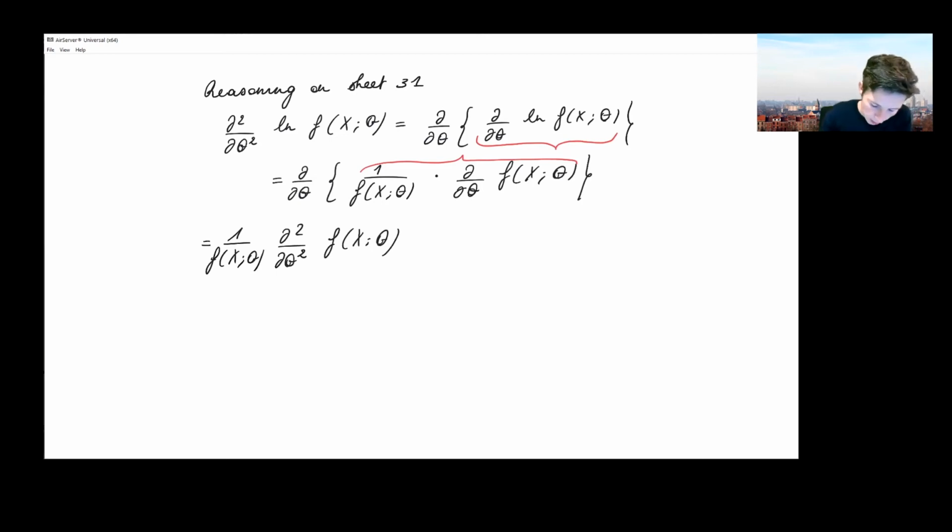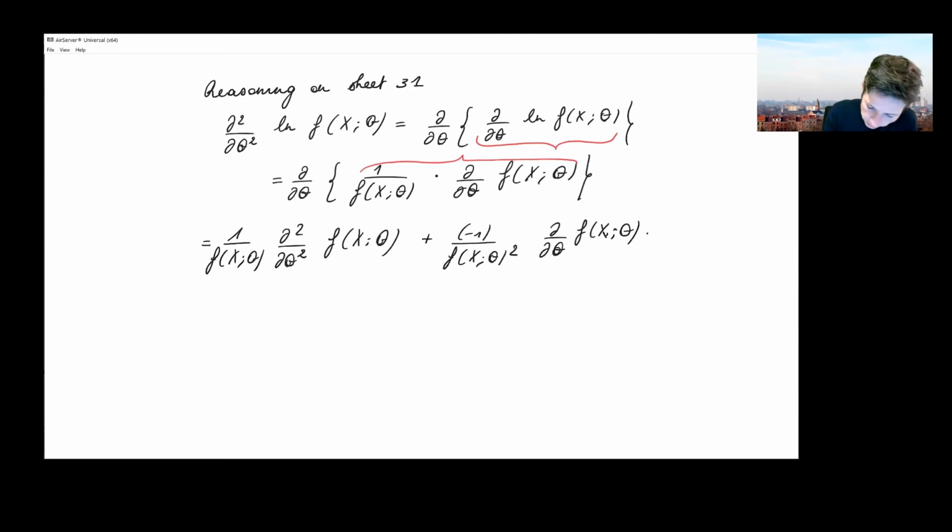And then I need to add the derivative of 1 over the density, multiplied with the derivative of f. The derivative of 1 over the density is going to be minus 1 divided by the density squared, times the derivative with respect to theta of the density.